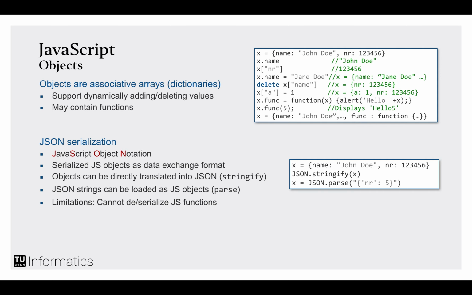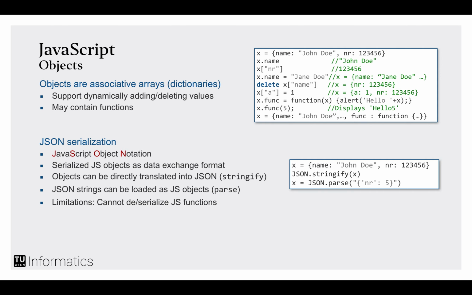It means that before JSON existed, JavaScript existed, and because of the way that objects looked, people started using that object notation as a serialized way of exchanging information. So serialized JavaScript objects are what JSON actually is.